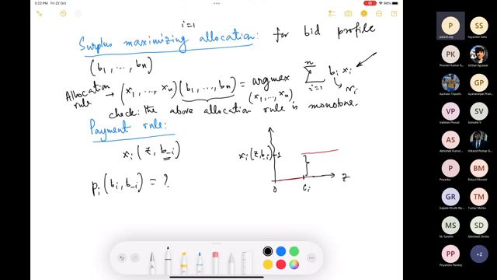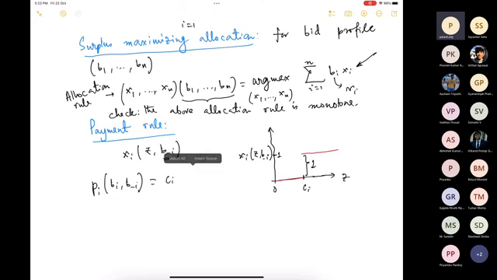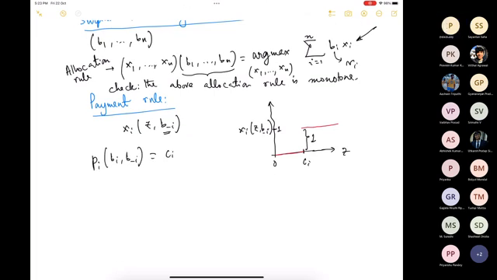And this is 1. This jump is 1. So this payment, from Myerson's lemma, is Ci times 1, which is Ci. So this is Ci if Ci is greater than or equal to Bi. If player i wins, then it pays Ci and 0 otherwise.